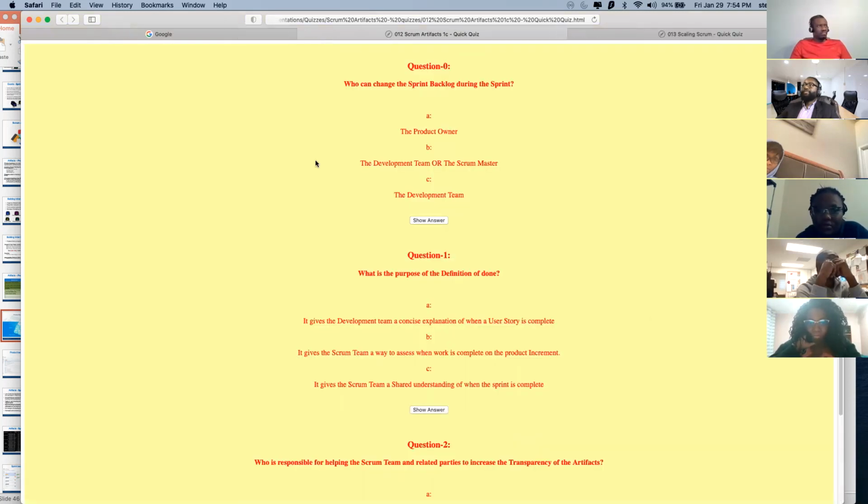Okay, who can change the sprint backlog during the sprint? A, the product owner. B, the dev team or the Scrum Master. C, the dev team. We're talking about the sprint backlog though. I think the dev team can access that.